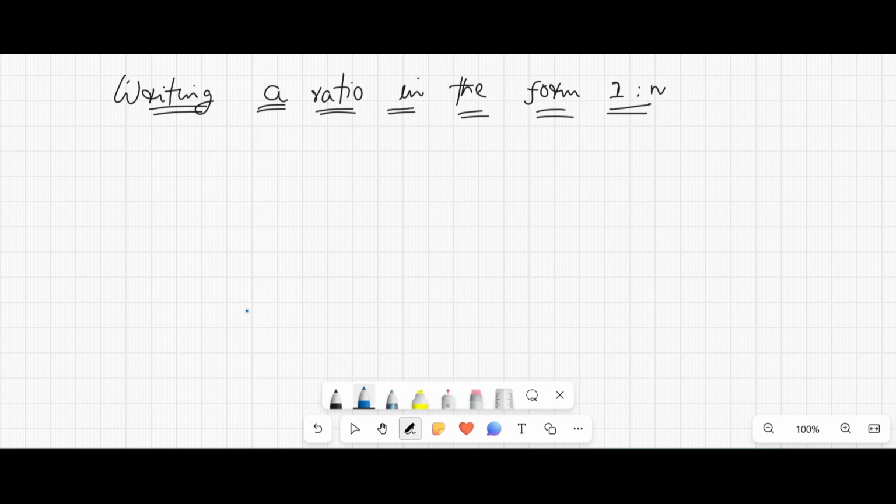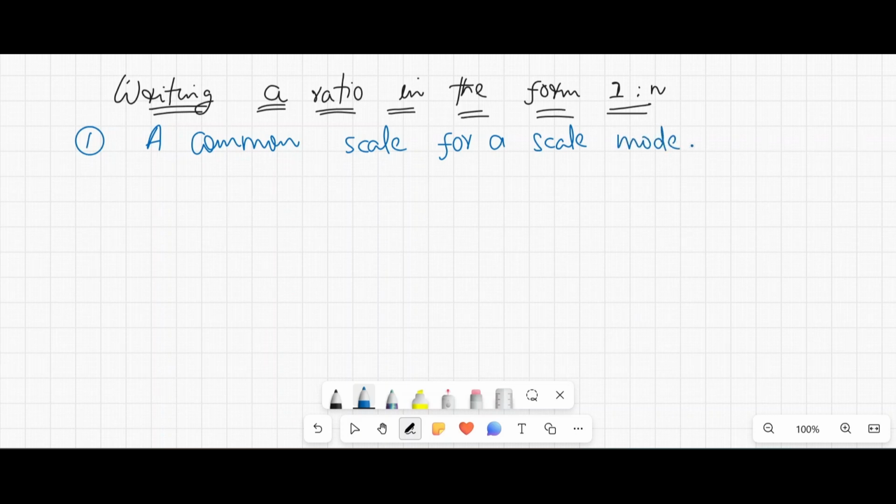So the first step is the common scaling. A common scale for a scale model is 1:24.